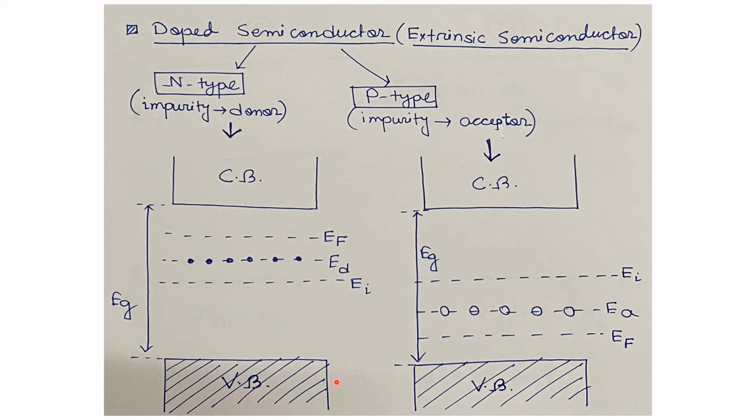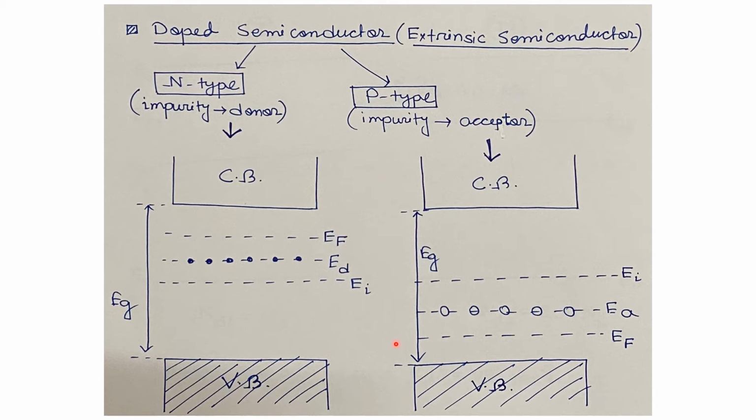Also, some of the electrons from the valence band will jump to the conduction band, and it will leave behind some holes in the valence band. The number of holes produced in this process is very small. Therefore, the Fermi level in the n-type semiconductor EF must lie somewhere near the middle of the donor level and the bottom of the conduction band, that is EC.